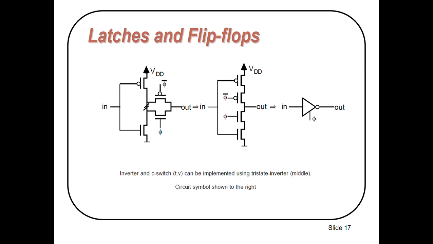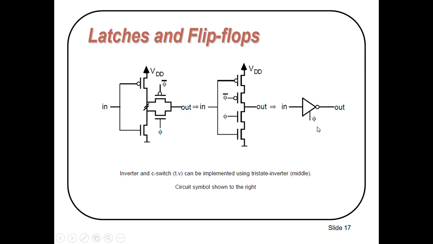So we can also design an inverter and C switch by using tri-state inverter technology. Here this is our inverter and C switch, and we can replace it with our tri-state inverter circuit.